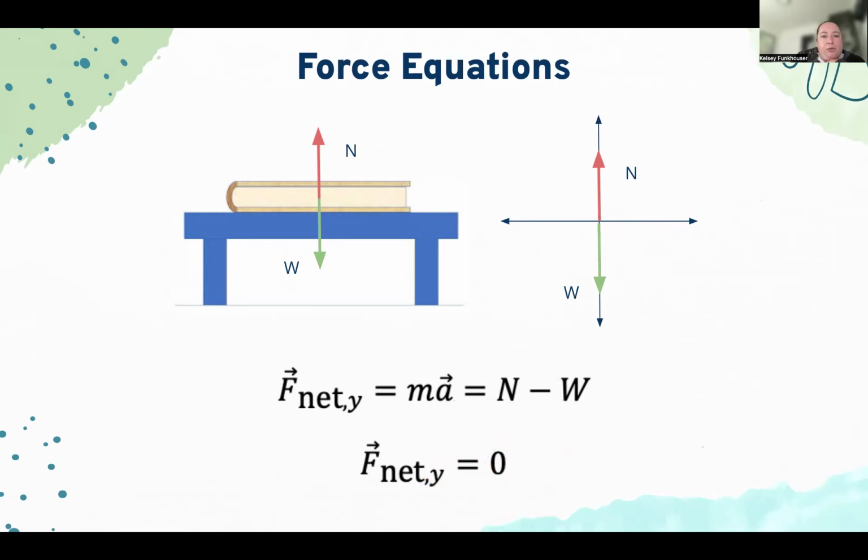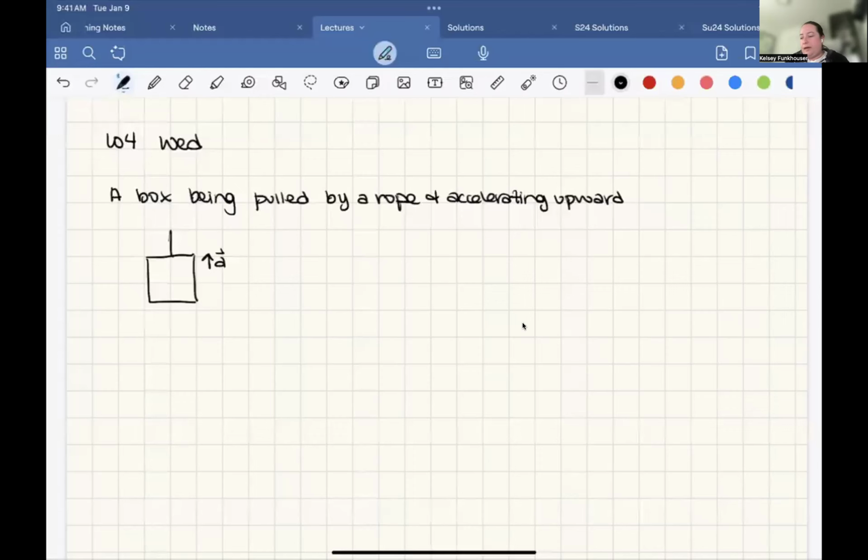And we're going to do a quick example of how we generate these things. Okay, now we want to look at a box being pulled up by a rope and the box is accelerating upward. So I drew it already. The rope is on top of the box and then pointed the direction of its acceleration.